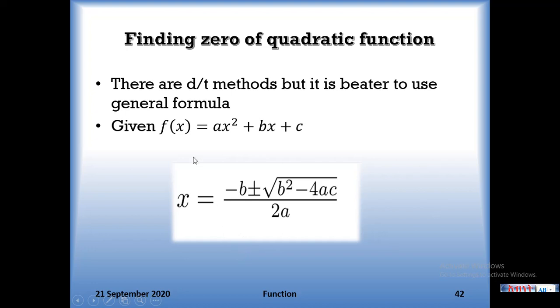Every polynomial function which has degree 2, in other words every quadratic equation, has solutions under the set of complex numbers.